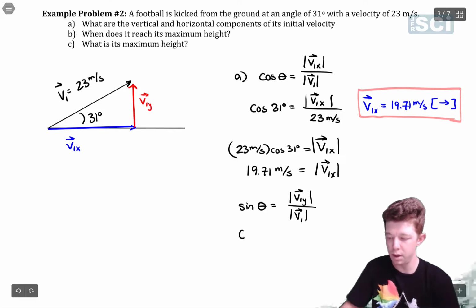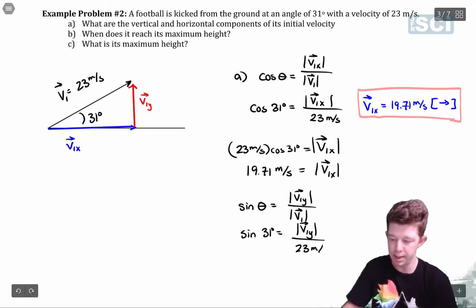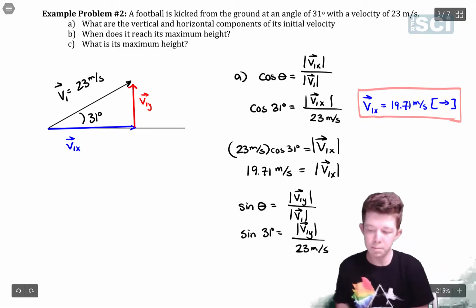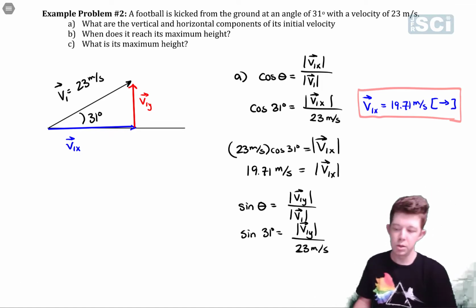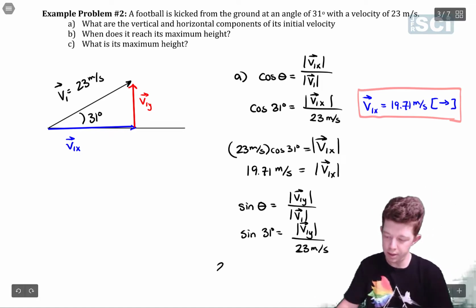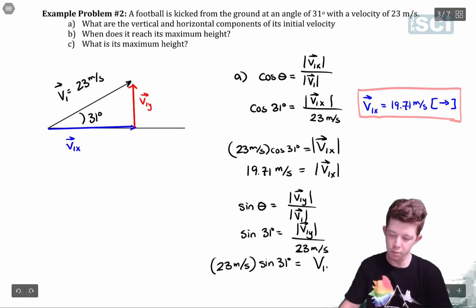I get sine of 31 degrees is equal to v1y divided by the 23 meters a second. I'll multiply both sides by 23. So I get 23 meters a second multiplied by sine of 31 degrees, and that gives me v1y.